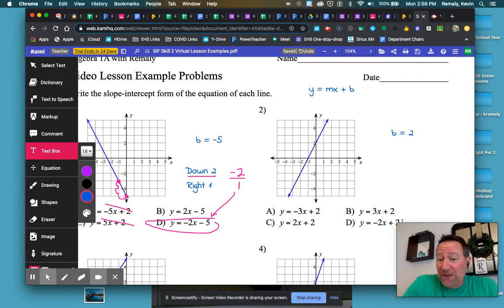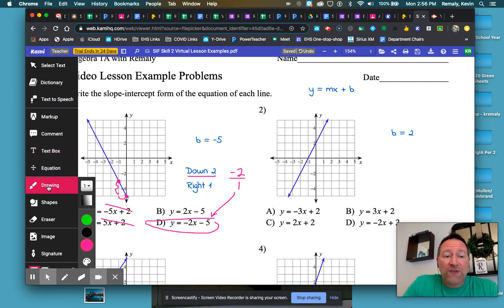So all these +2 values are already given to us. So what we need to do is find out what our slope is. So again, I'm going to find a value where it crosses the grid exactly. Now this is a yucky point right here because it doesn't cross exactly, but this is a very good point.